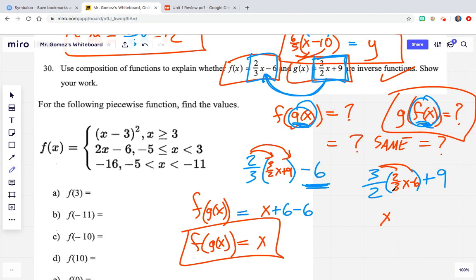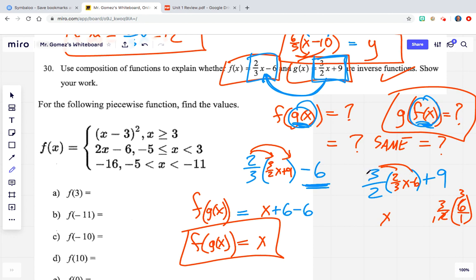So I'm left with x. And then this time I'm multiplying 3/2 with a -6. Okay? So think of 3/2 times 6 over 1. Okay? The 6 and the 2 will reduce to a form of 3 and 1. So I'm left with 3 times 3 is 9. And then 1 times 1 is 1.